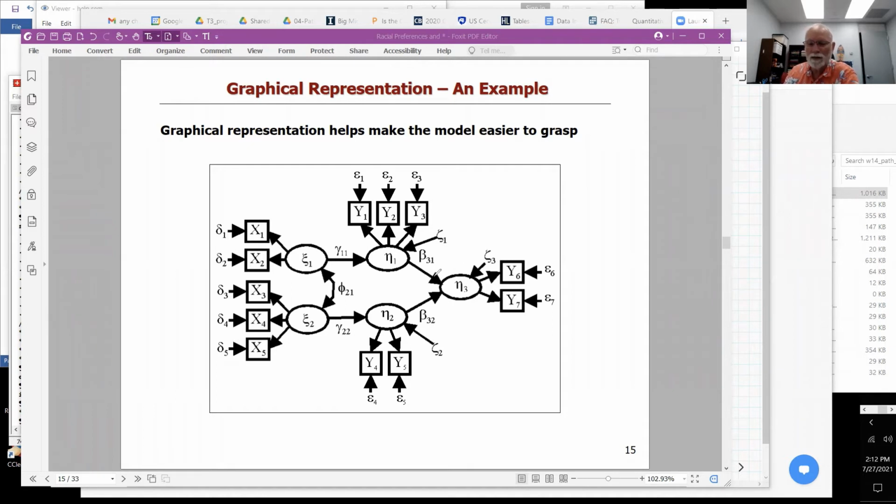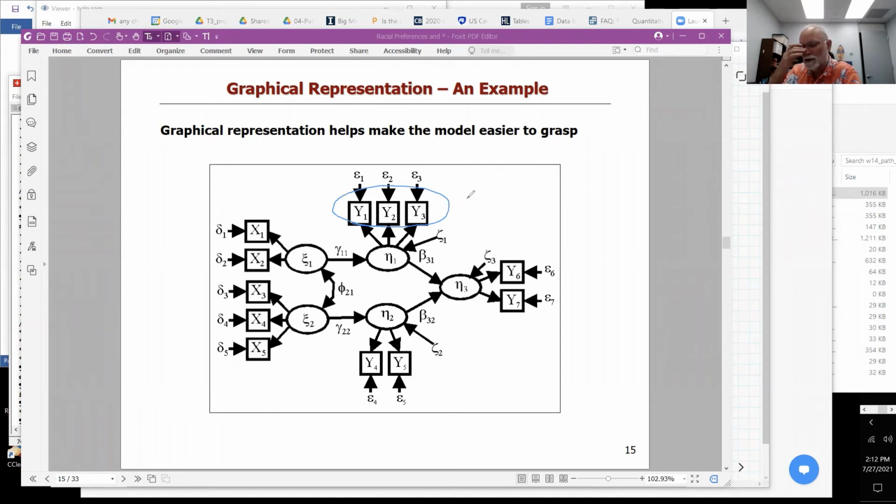It's because there's an arrow coming into it. It's a latent variable with an arrow coming in, and that means that it is a dependent variable. It's being caused by whatever is at the other end of that arrow. So it's being caused by this latent variable, eta 1.